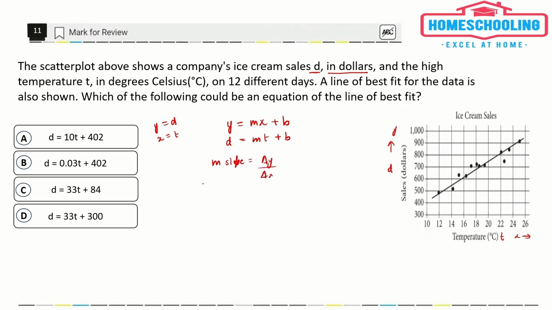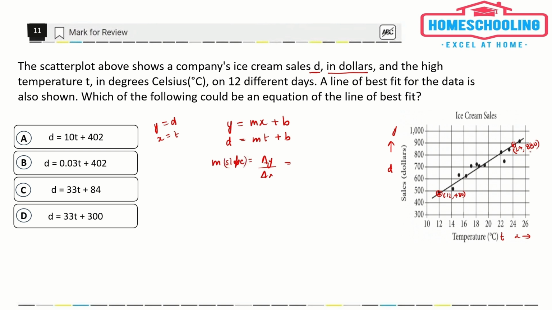So let's take 2 points on the line. We'll consider this point here, which is 12, 480, and let's take one more point here. Take this one, 24, and it's slightly less than 900, so 880. So now we have two coordinates on the line. Now we can find the slope.